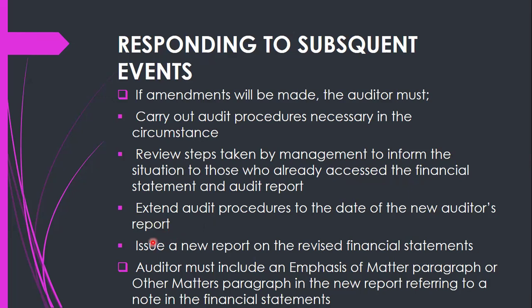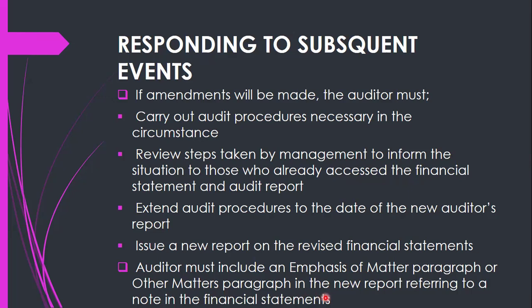Then after, the auditor needs to release a new report on the revised financial statements. So management has amended the financial statements, so the auditor needs to release a new report on those amended financial statements, right? And lastly, the auditor must include an emphasis of matter paragraph or other matters paragraph in the new report referring to the note in the financial statements, right?